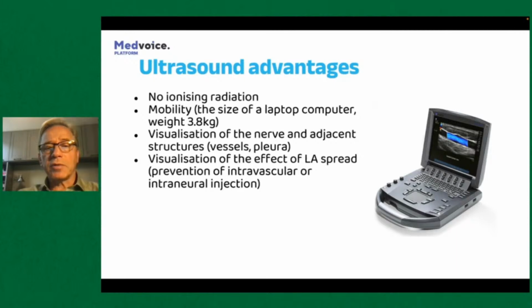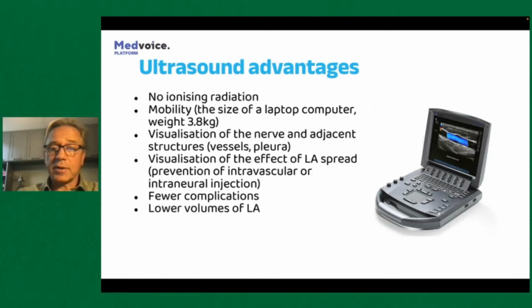And visualization of the effect of local anesthetic spread. You will see where the anesthetic is going when you are injecting it, unlike when we were using nerve stimulators. So you will see an intravascular or intrapleural injection in real time. Hence, you have fewer complications. You will use smaller volumes of local anesthetic.